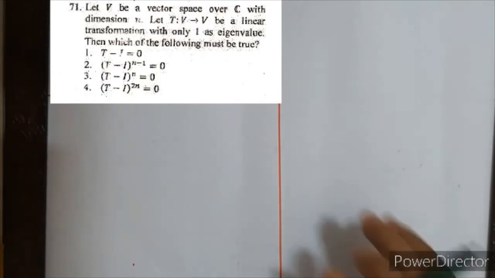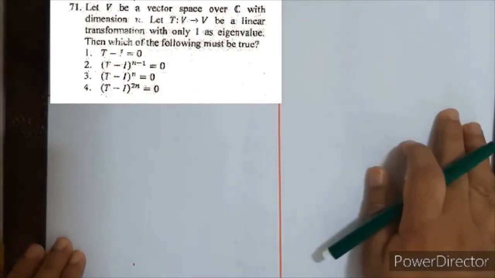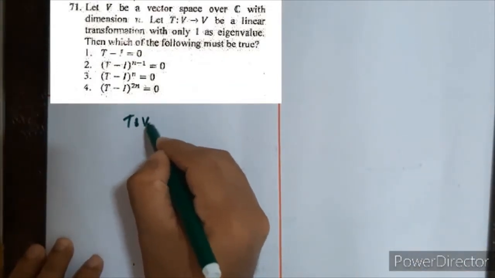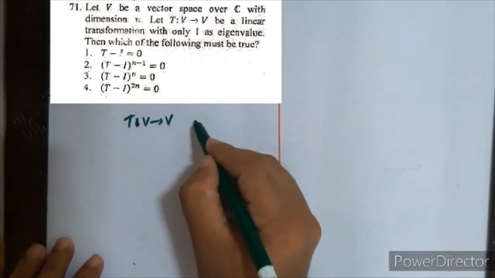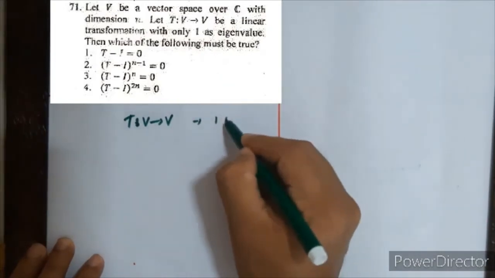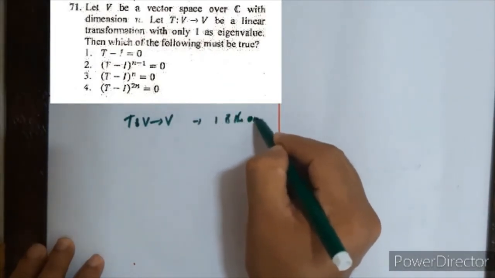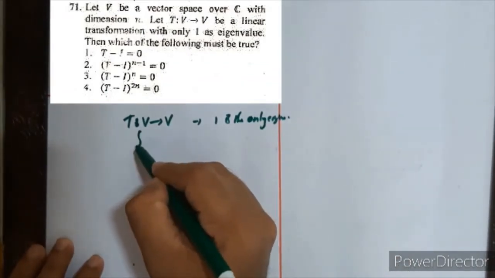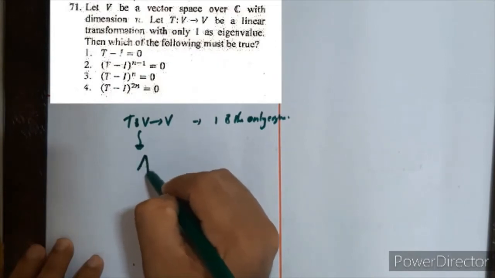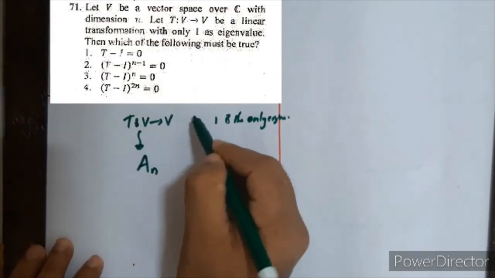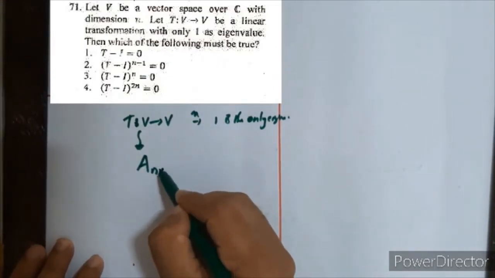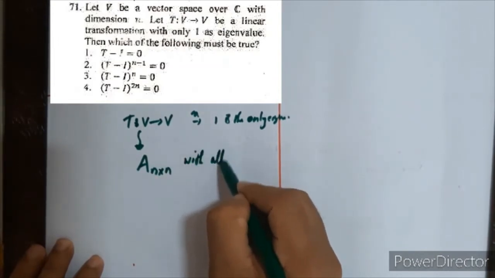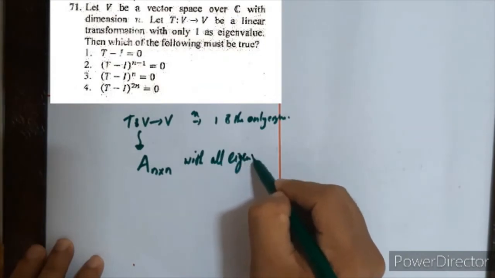Now here, given T from V to V is a linear transformation with 1 as the only eigenvalue. So now the corresponding matrix, as the dimension is n, is an n by n matrix with all eigenvalues 1.